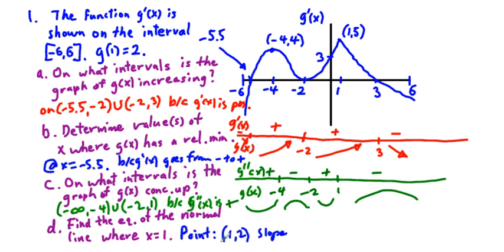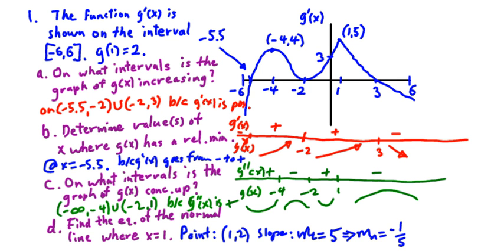Well, our slope at x equals 1 is going to be right here. This is the graph of g prime of x. So the tangent slope, m sub t, is equal to 5. Consequently, our normal line slope, m sub n, is going to be the negative reciprocal of 5. So the normal line slope is going to be -1/5.